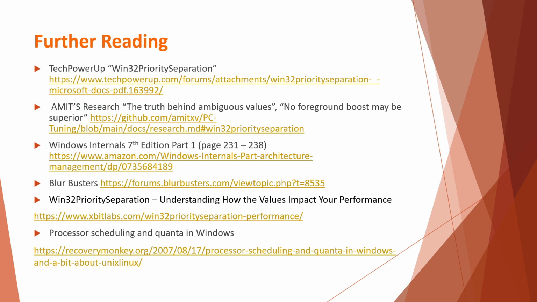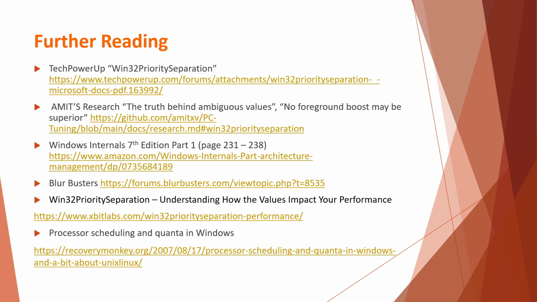For further reading about this topic, you can check TechPowerUp's Win32PrioritySeparation, that has a very interesting PDF. You can read Amit's research, showing more things in the code part, more programming stuff about this topic. Of course, you need to read the Windows Internals book.